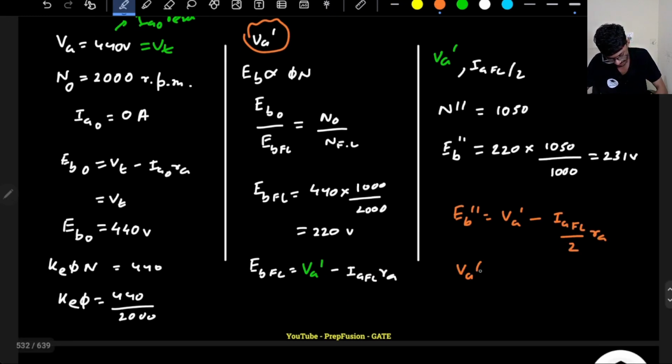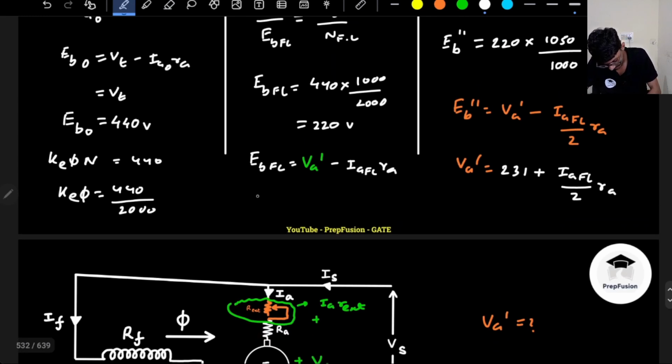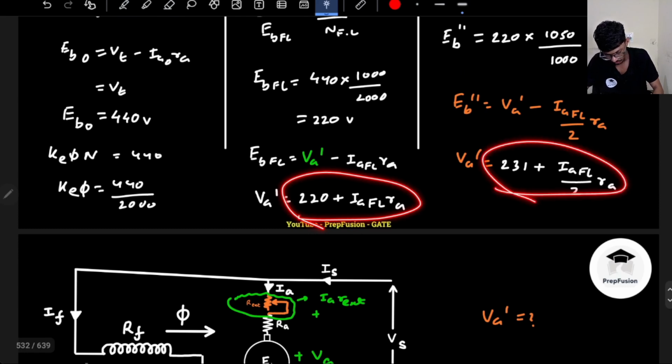Now my VA dash I can get from here is 231 plus IAFL by 2 into RA. From the earlier case, VA dash is equal to EB, that is 220 plus IAFL into RA.